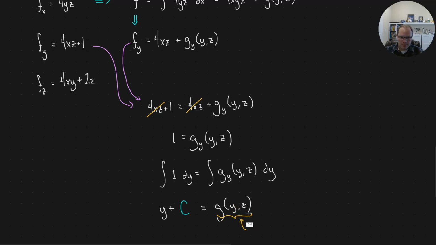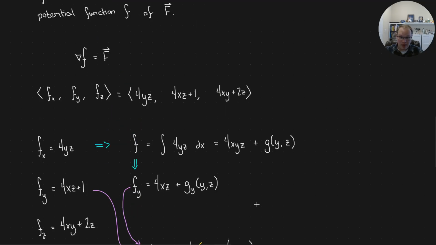But I'm treating z as a constant in this integral. So when I add that plus c, that constant could involve variable z. So it could be some function of z. So we know a little bit more about g of yz, but don't quite have the full picture, because we don't know what this is going to be. So what we need to do is plug this back into function f up here.